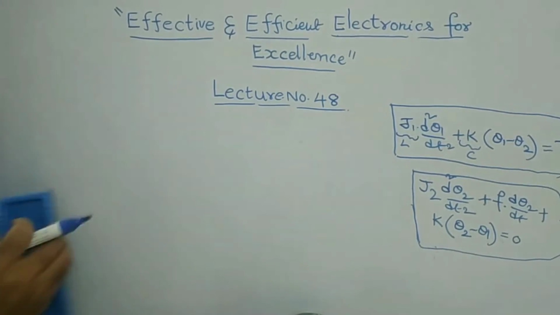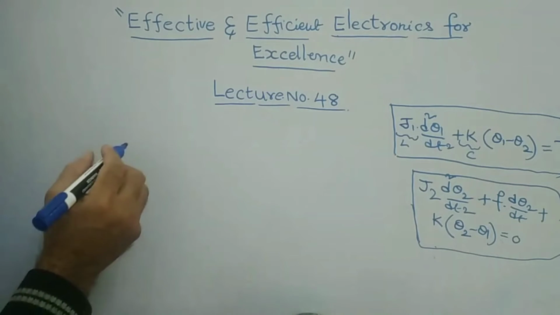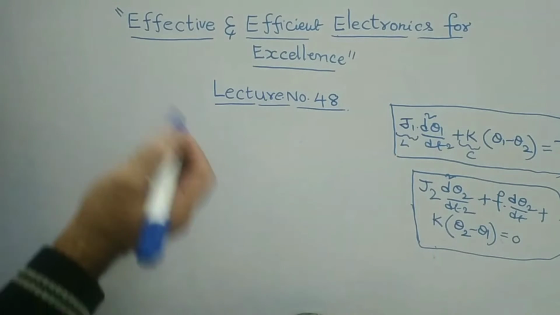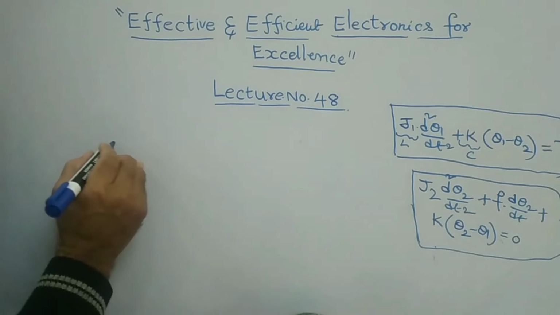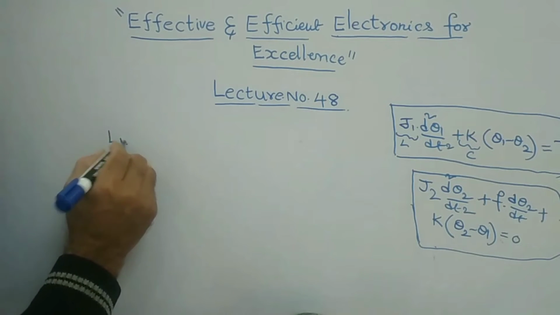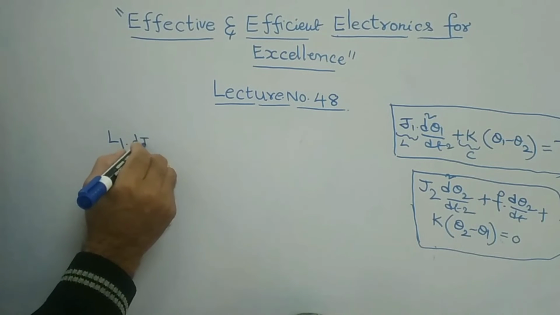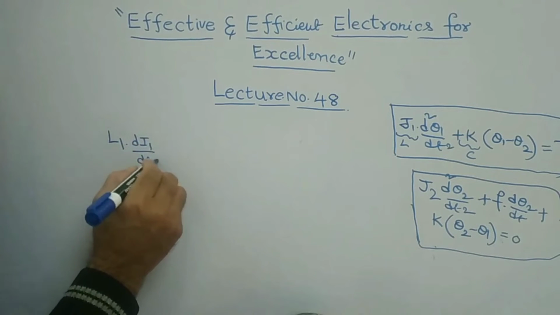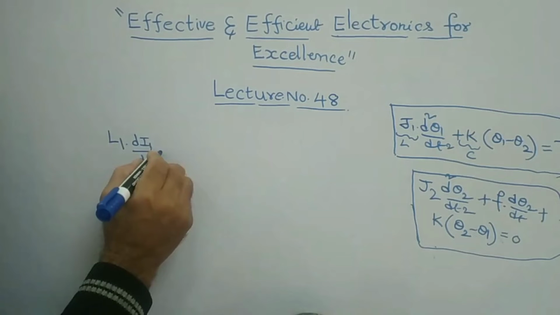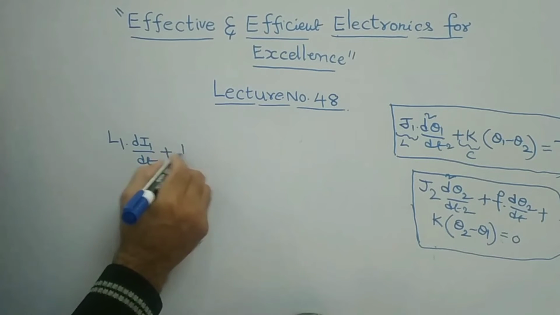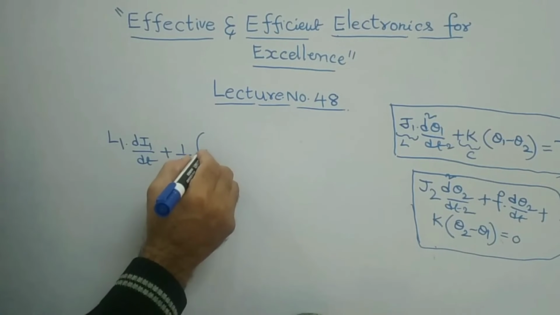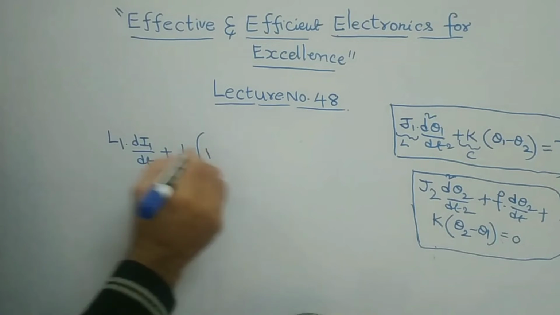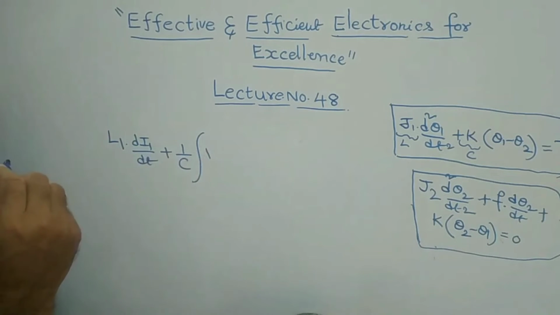Therefore you can write this directly. You recall from your translational system concept, the same. So here you can write L1 into di1 by dt. Clear? Plus it is 1 by C integral, what is the voltage?